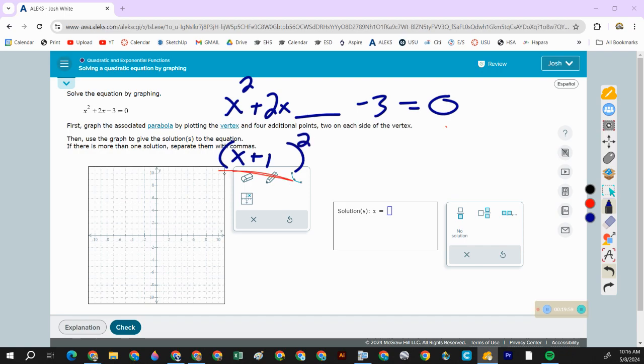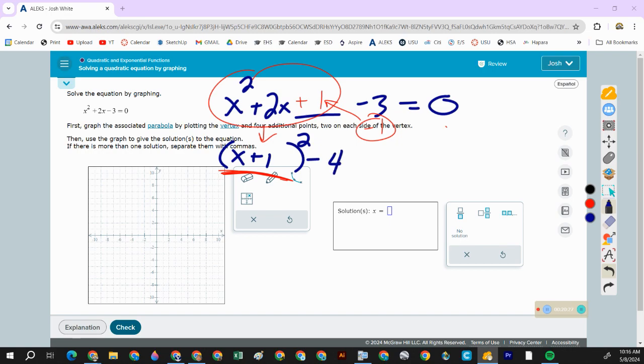But in order for x plus 1 squared to exist, I need a plus 1 here. And that makes the left side of the equation heavy. So I could add 1 to the right side, but I don't want to. I just want to subtract 1 on the left side. And now this becomes that, and that offsets the 1. And I get x plus 1 squared minus 4 equals 0.